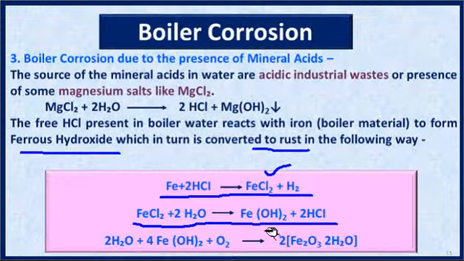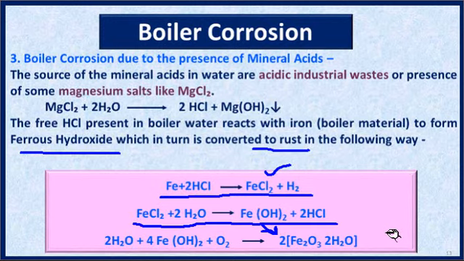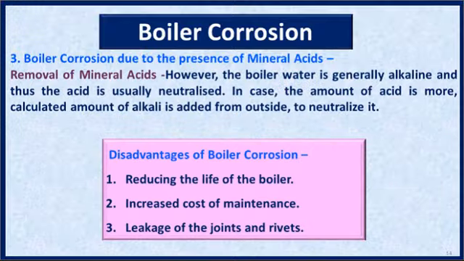Ultimately, this iron hydroxide is converted into the iron rust in the boiler feed water. So in this way, slowly the boiler material degrades. So this is the main cause of the boiler corrosion.